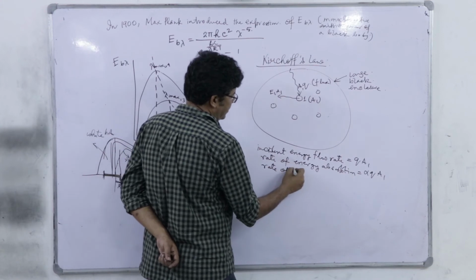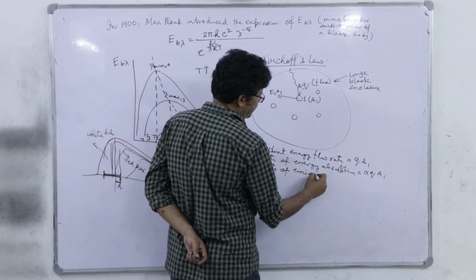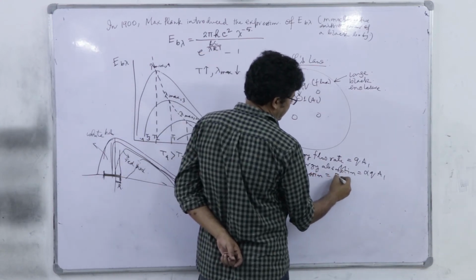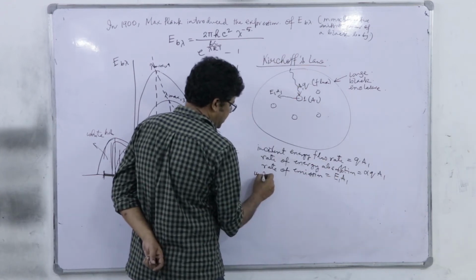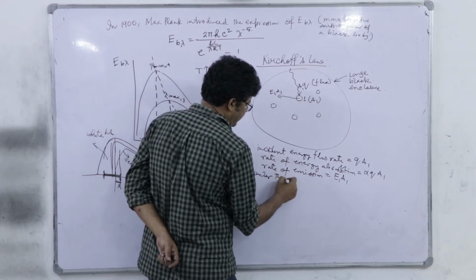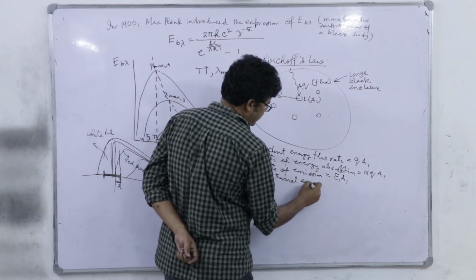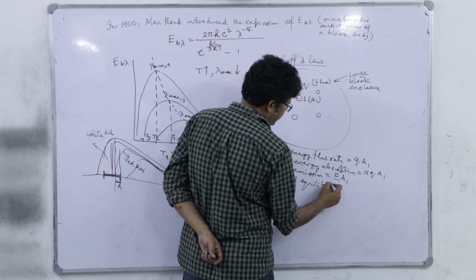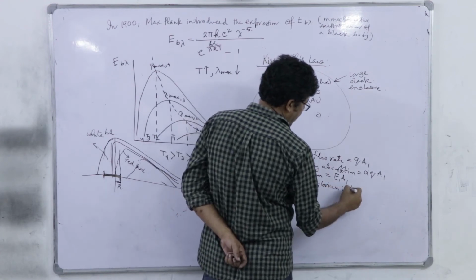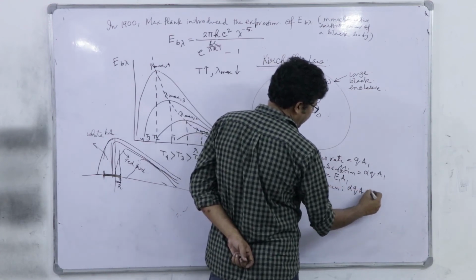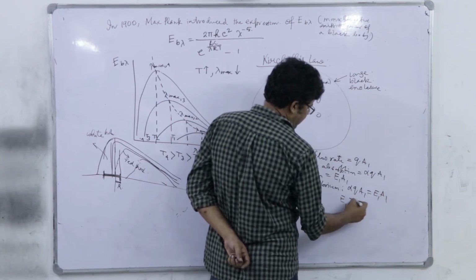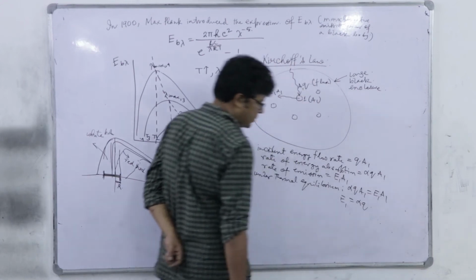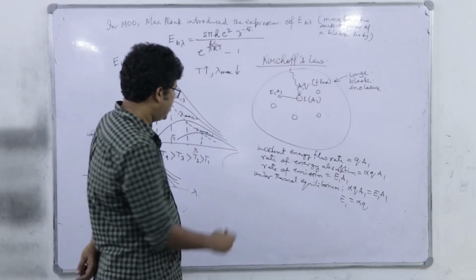Rate of emission is E1 into A1. So, under thermal equilibrium, we have alpha into Q into A1 is equal to E1 into A1. So, E1 is equal to alpha into Q.